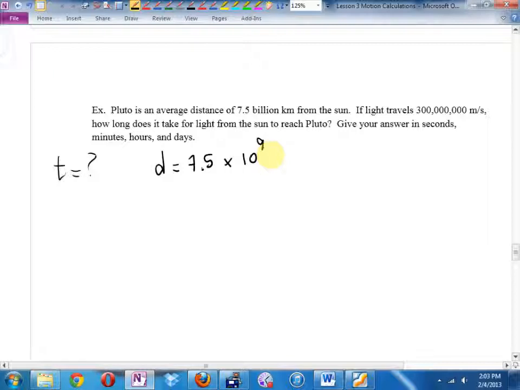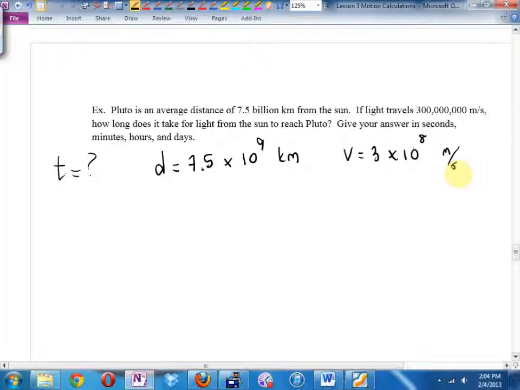And it's going to be easier if you type 7.5 times 10 to the exponent 9 than to try and get all the zeros in. That's kilometers. Light travels at 300,000, you know what? The speed that they gave us is 3 times 10 to the, how many zeros? 8.